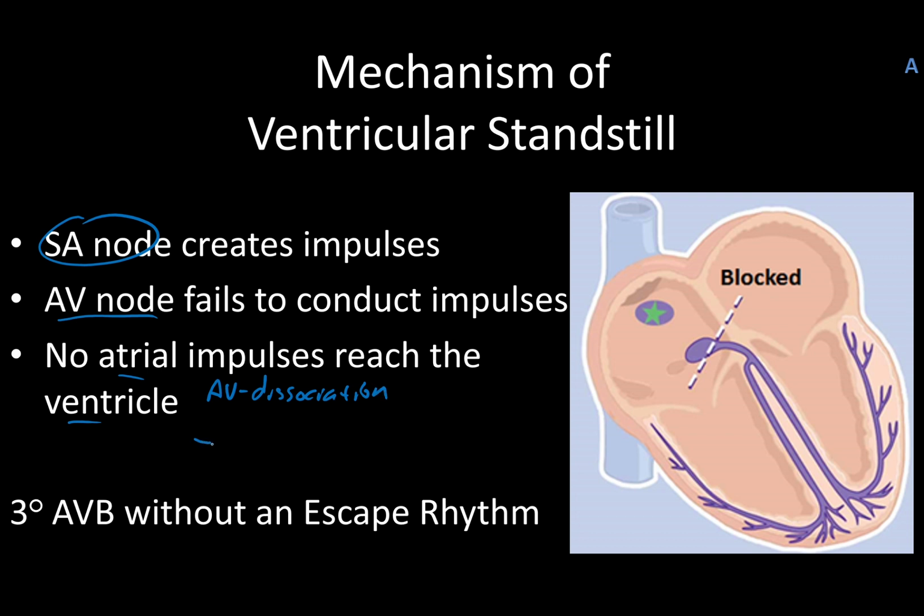And what that causes is you just have a series of P waves and nothing else, which is why it makes sense to call it ventricular standstill, because the ventricles have stopped. But yeah, you have a total block going on between these, which may be familiar because that is a third degree AVB, or complete heart block, without an escape rhythm going on. And we had just talked about idioventricular rhythms or ventricular escape and how that would tack on to this very easily.